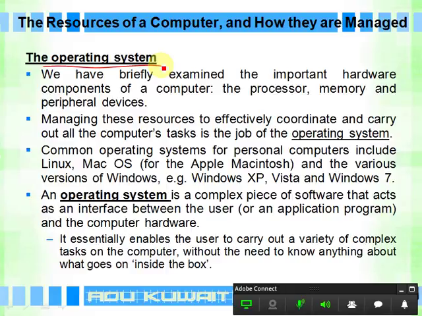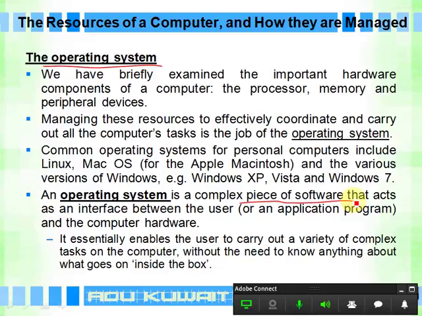Okay. And for mobile devices, operating systems like Android, iOS, Windows. So different operating systems. So the operating system is a complex piece of software that acts as an interface between the user and the computer hardware. Right? It is an interface for you. Through this, you can interact with the hardware. You can store the file in the hard disk.